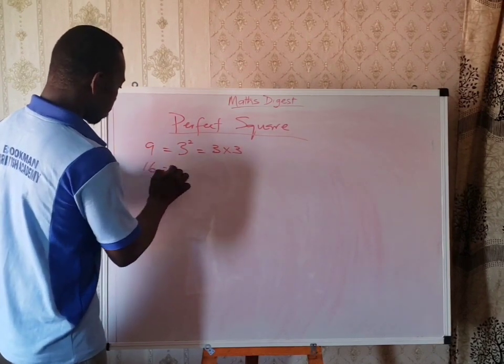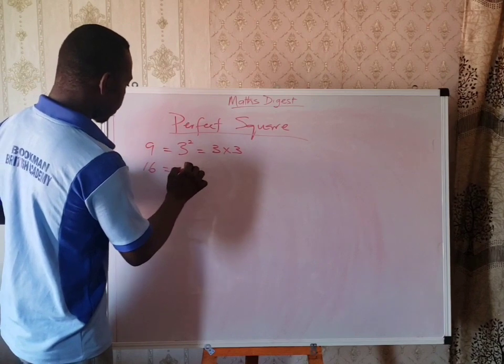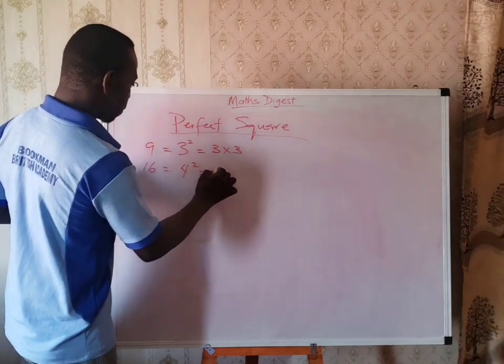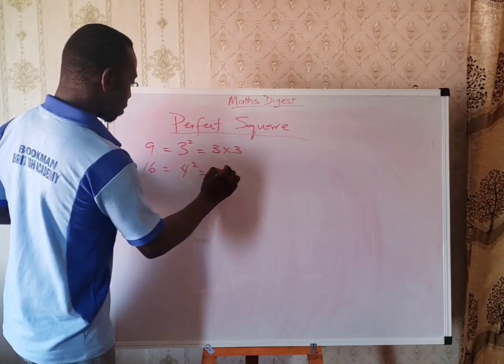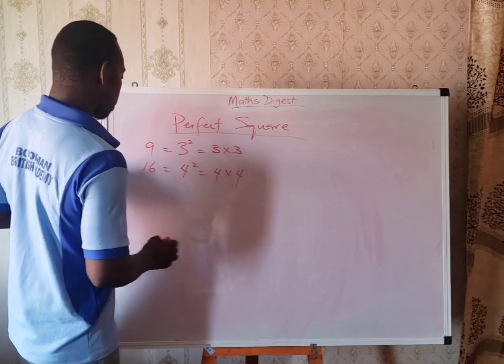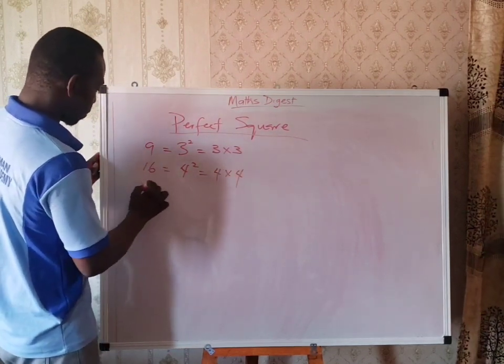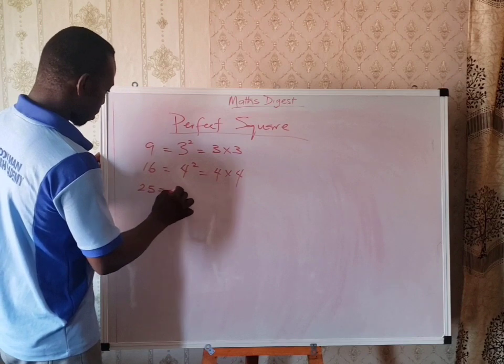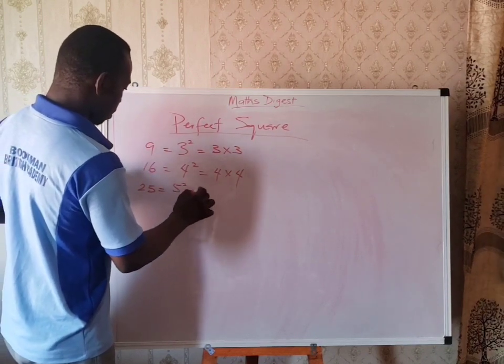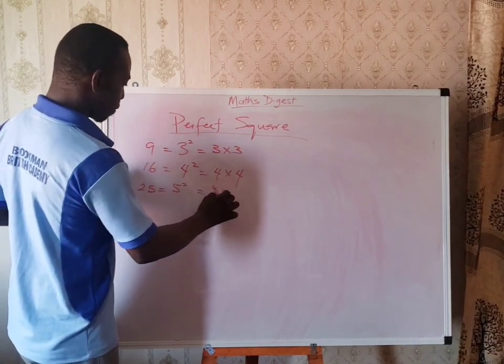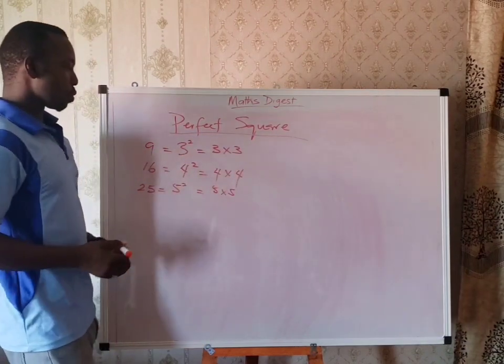We can talk about 16. 16 is 4 times 4, and so on and so forth. 25 is 5 times 5, and so on.